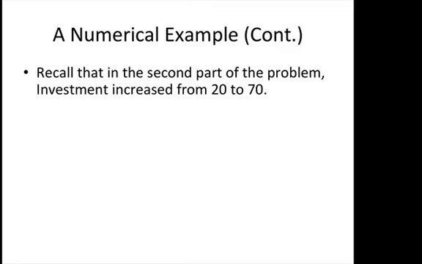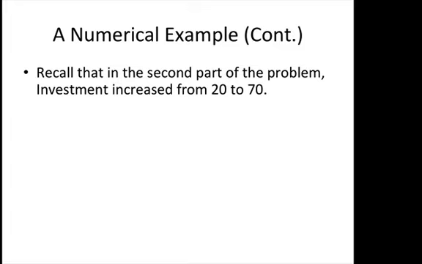Also, recall in the second part of the problem discussed in the fifth lecture, investment increased from 20 to 70. In other words, investment increased by 50. The question is, how much will saving increase by? We know that government saving is equal to 0, and government purchases and taxes are not changing in this example, so the only thing that can change is private saving.